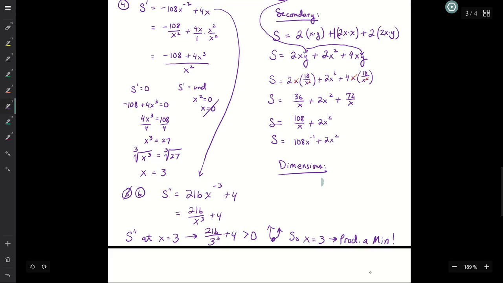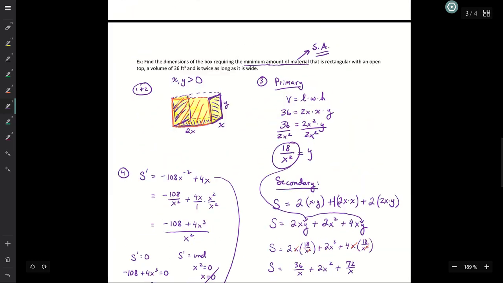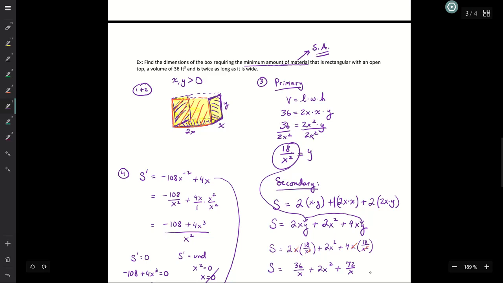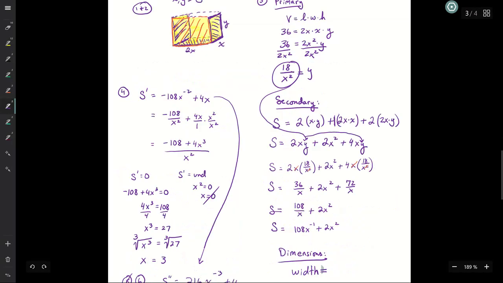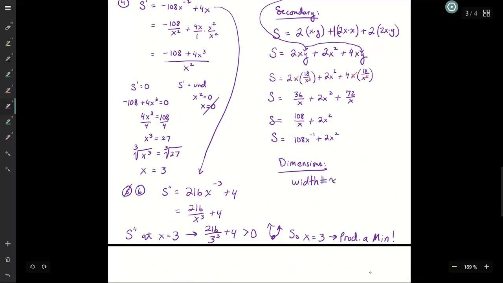All right, so for our dimensions, let's say we do the width first. Looking up at what would make sense for the width, that would be the x value, the thing that we found. So our width would be x, which in this case would be 3. Our units were in feet, so the width is 3 feet.